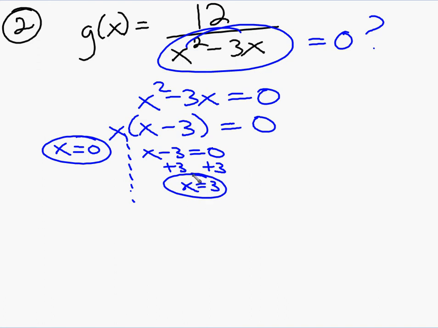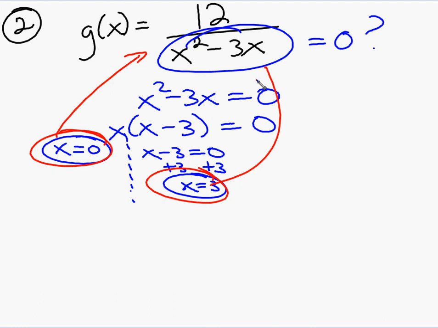So what are those two numbers? Those are the two numbers that don't work. Okay? These two numbers, if I put them into this function, will give me a 0 in the denominator, which means they're both bad. Bad numbers.